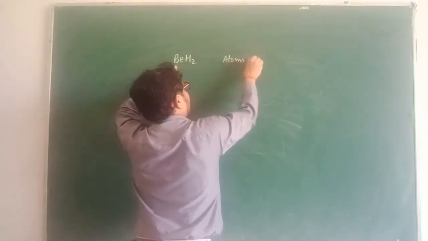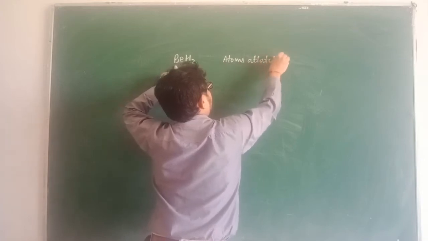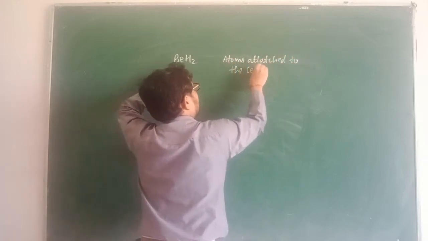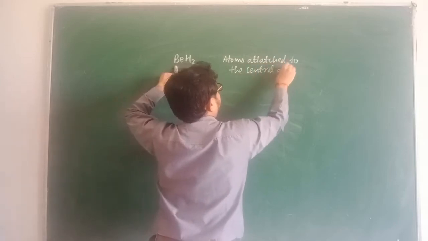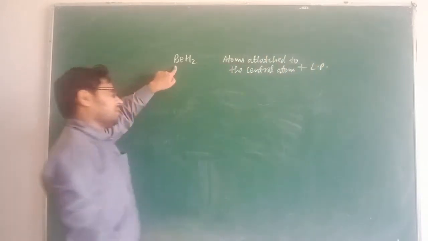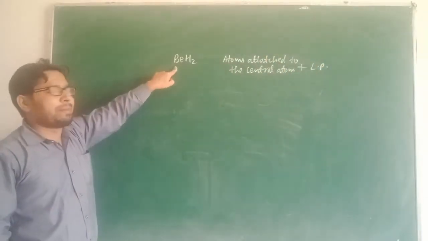Atoms attached to the central atom, plus lone pairs present on the central atom. Their sum will indicate the hybridization.